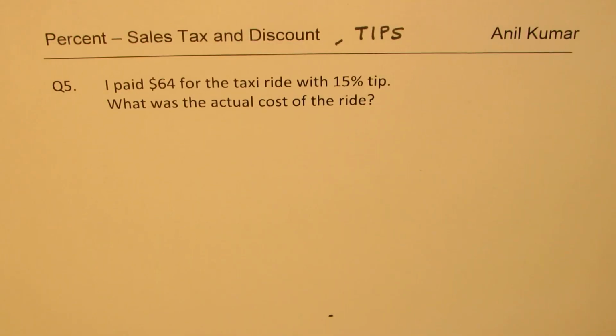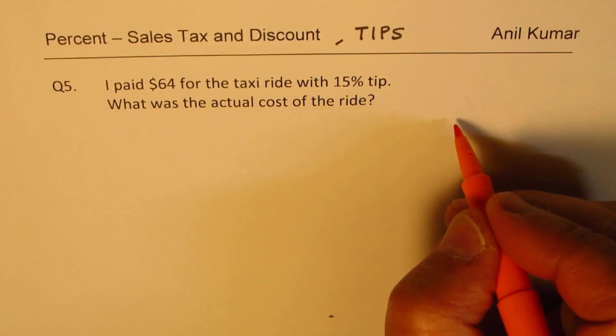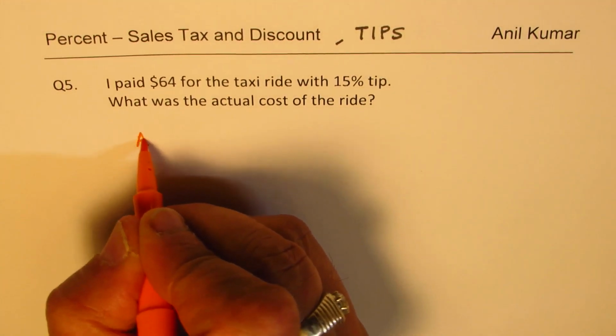Here is question number 5. I paid $64 for the taxi ride with 15% tip. What was the actual cost of the ride? So you can pause the video, answer the question, and then look into my suggestions. Now what does this mean? It really means that there is some actual cost, right? So let's make a framework.